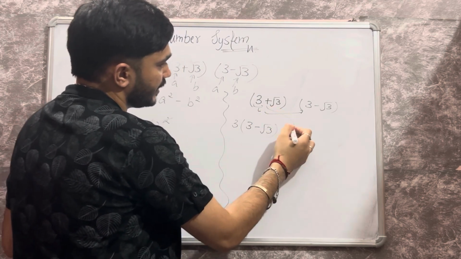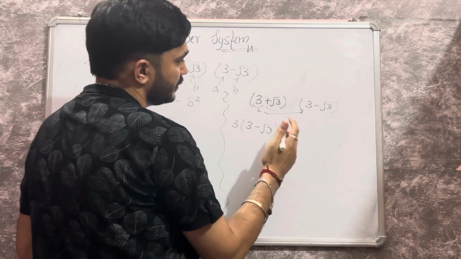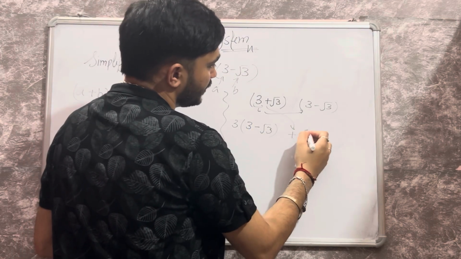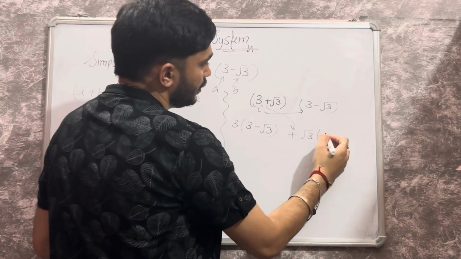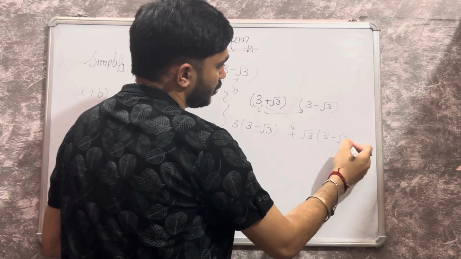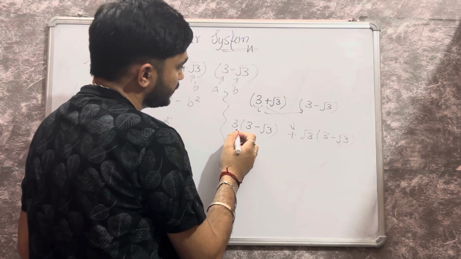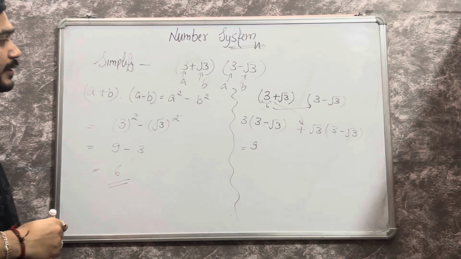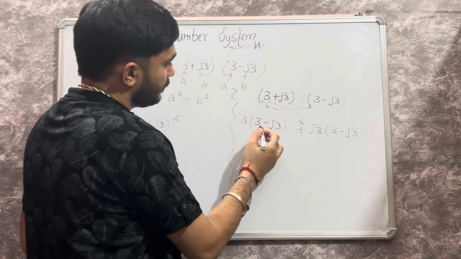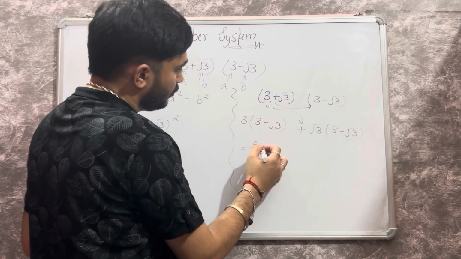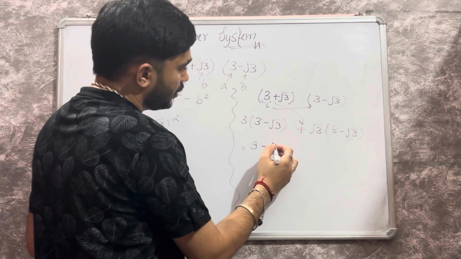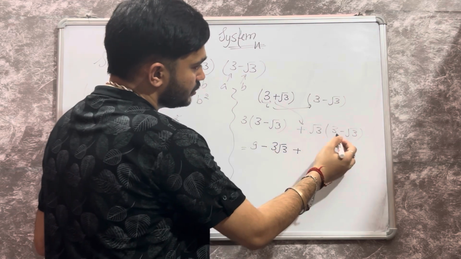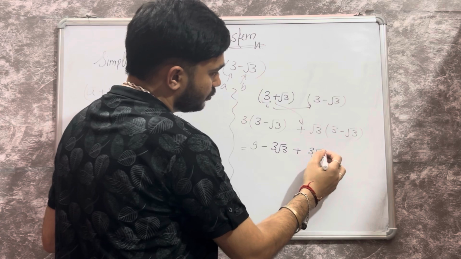Now write the sign of the first bracket in between the two terms, that is plus, and then write the second term and the bracket as it is. So you will get 3 into 3, that is 9. Now 3 into under root 3 is 3 under root 3. Plus under root 3 into 3 is 3 under root 3.